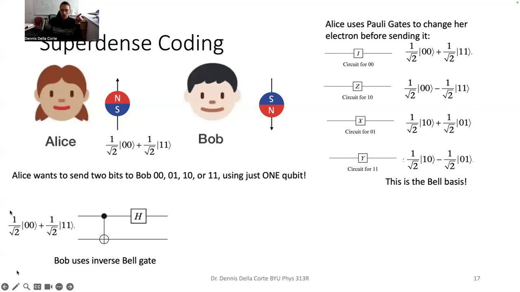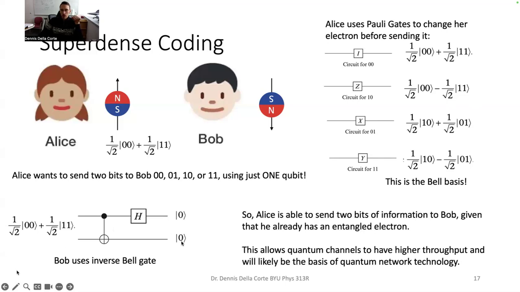And so depending on whatever Alice sends to him, he will get out 0 0, 1 0, 0 1, or 1 1. So Alice is able to use 1 qubit to send 2 bits of information to Bob, if the 2 qubits have already been entangled.